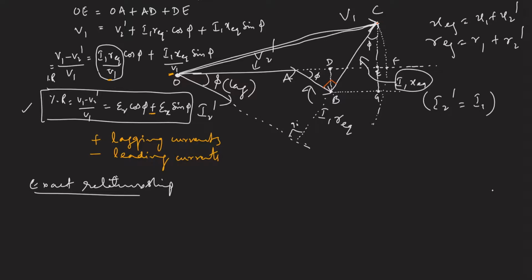Now V1 square, okay, let me write in lengths, that is OC length square is equal to OE length square plus EC length square.